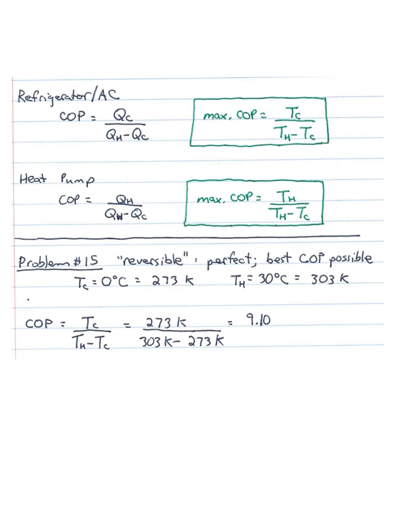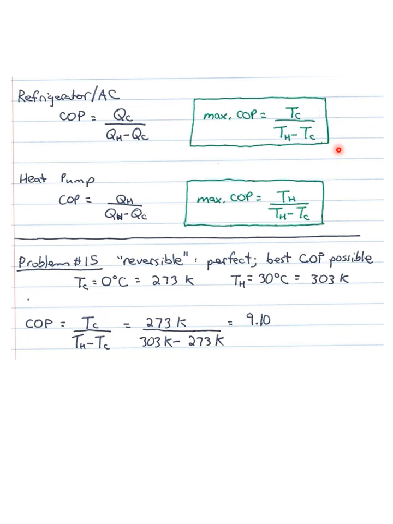And we get this. The maximum coefficient of performance for a refrigerator is the cold temperature, or the temperature of the cold reservoir, basically inside the refrigerator, divided by T sub H minus T sub C. This is the maximum possible coefficient of performance that a refrigerator can have, or an air conditioner can have.